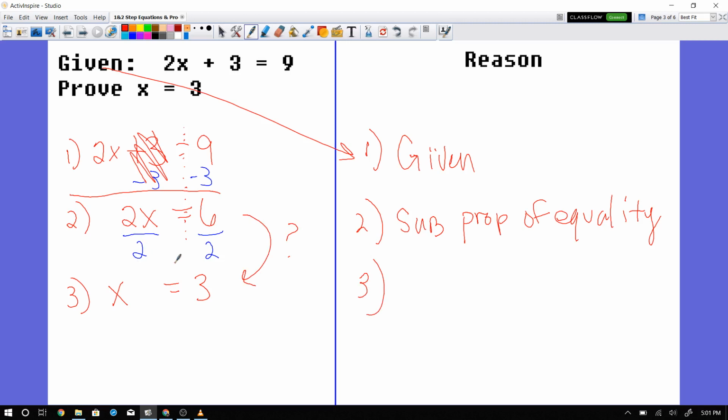Well, it looks like we divided by 2. So we have the division property of equality. That is an algebraic proof. So this is your introduction into solving proofs for geometry.